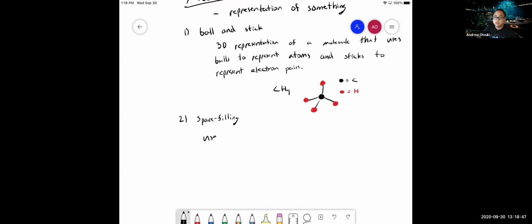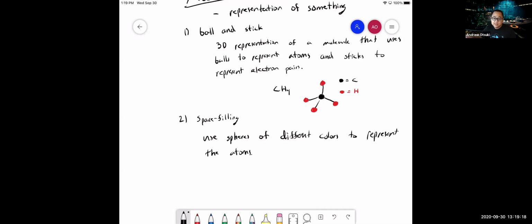We still use spheres of different colors to represent the atoms. We do show the outer boundaries for the space filling, but we no longer show the bonds or the electron pairs as sticks.